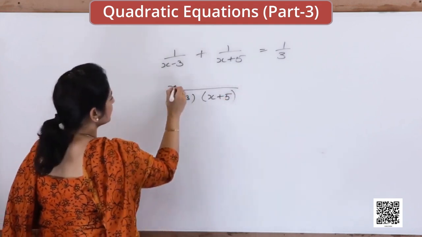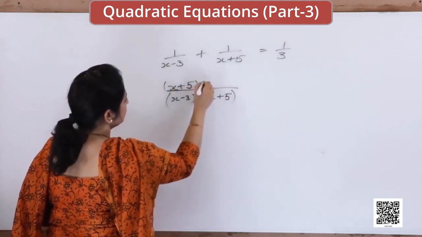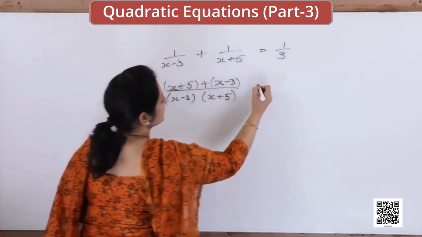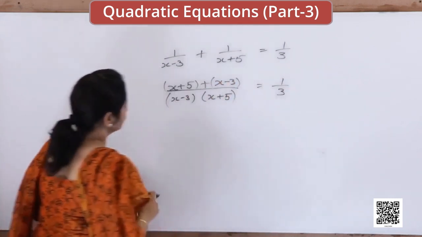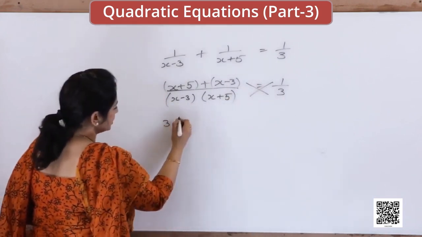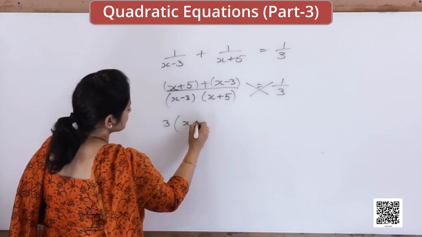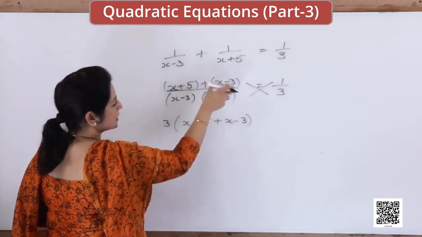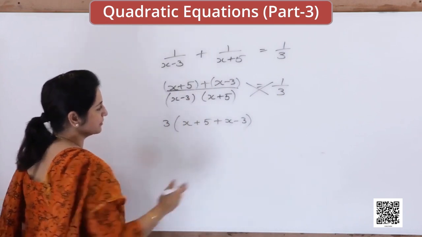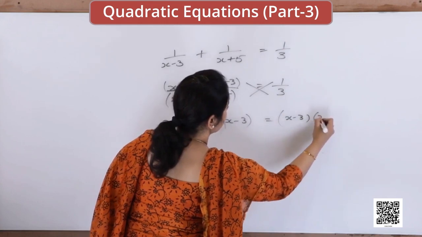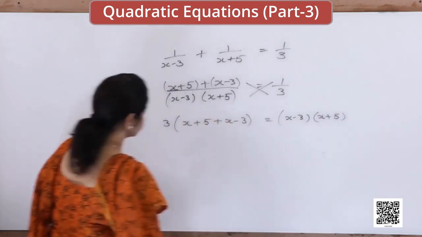So here we will get x plus 5 plus x minus 3, equal to 1 upon 3. Now solving this, we can simply cross multiply. So 3 multiplied by x plus 5 plus x minus 3. This bracket can be opened because there is a sign of plus here. Will be equal to x minus 3 multiplied by x plus 5.